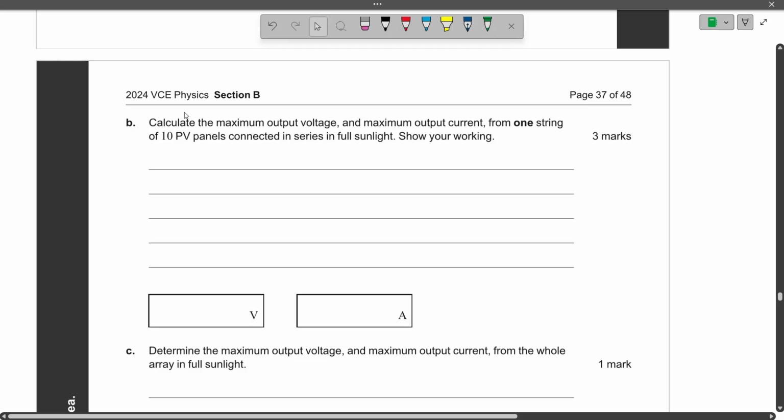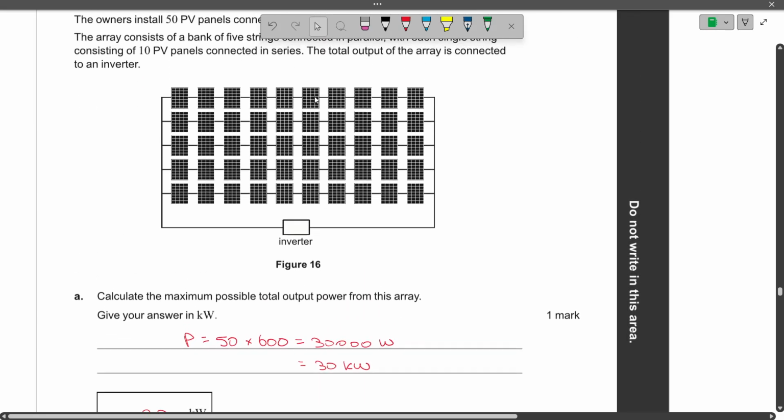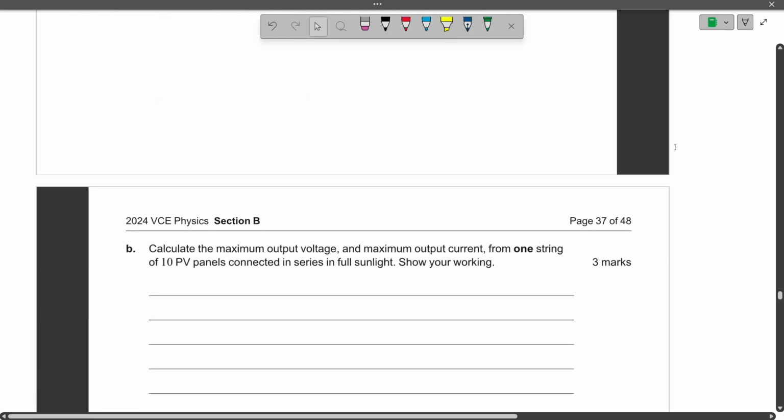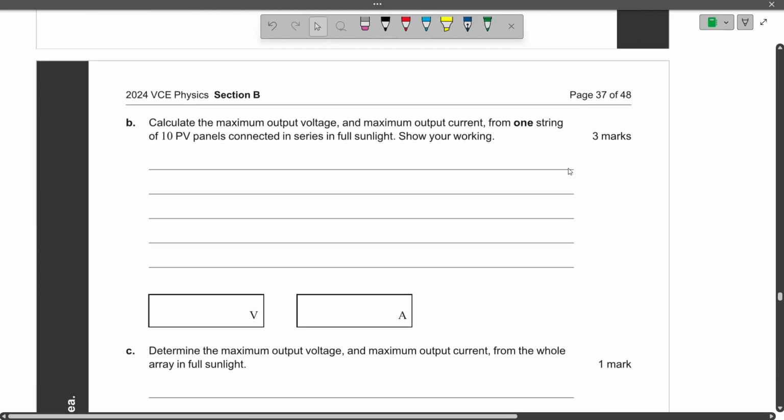Part B. Calculate the maximum output voltage and maximum output current from one string of 10 PV panels connected in series in full sunlight. Show your working. Okay, so if we look at the picture, you've got these 10 panels in series. When you've got voltage sources in series, you just add up the voltages.